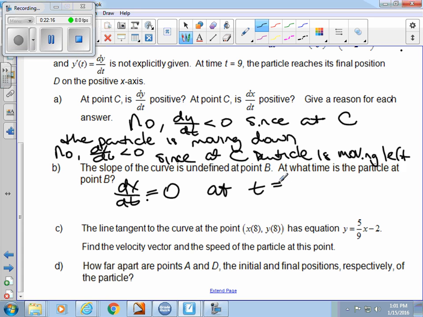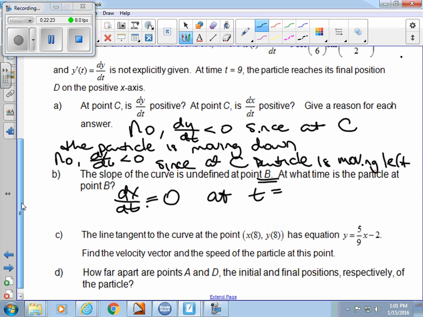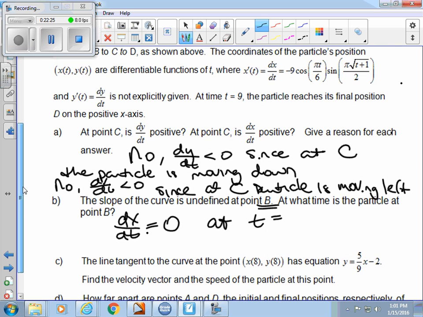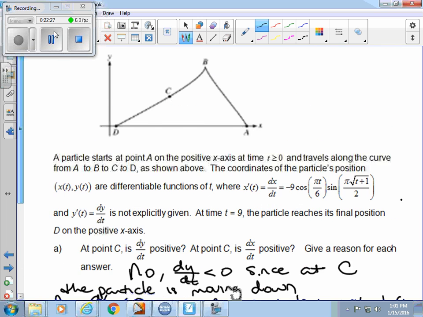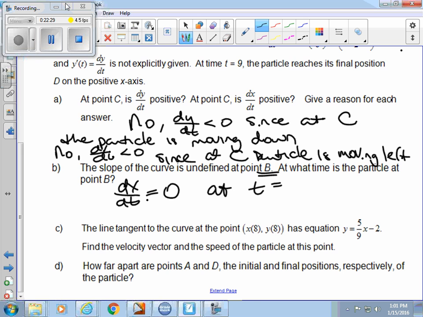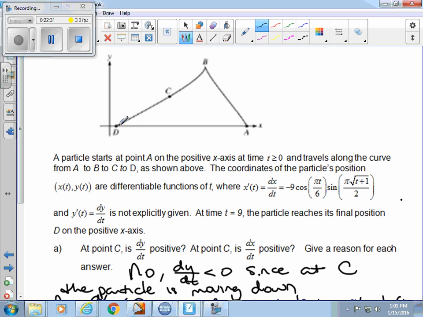Do what? Okay, good question. I do want to find the point B, so I have to use a little bit of logic here and go look. Remember it said at time 0 I start and I stop at time 9. Isn't D when I stop? Right, so D is at time 9.